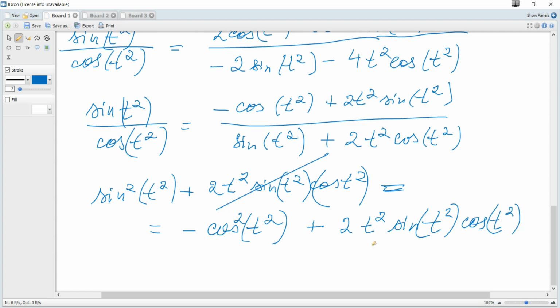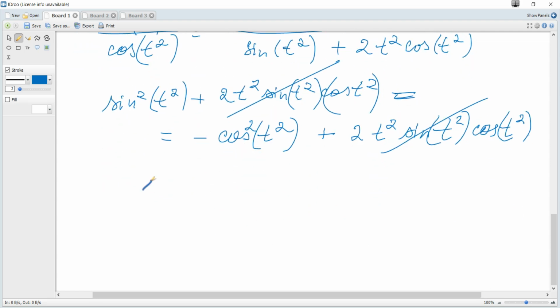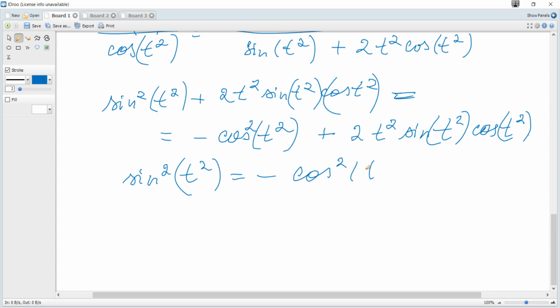You can see that these cancel, and we get that sine squared of t squared is negative cosine squared of t squared, and we can see that it's positive and also positive. So positive is equal to negative, which is impossible, so a contradiction arises.